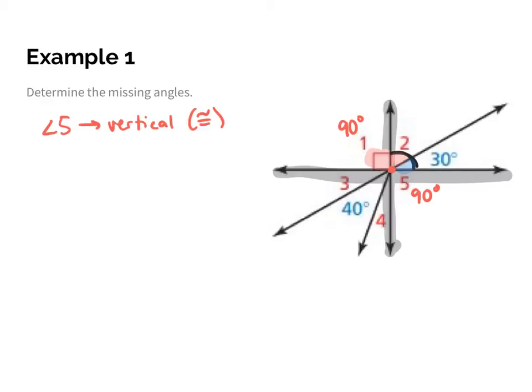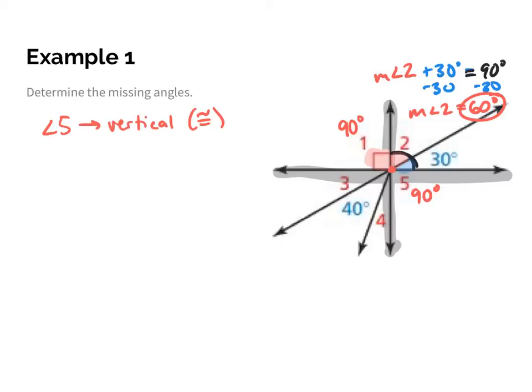So how do I find that? Well, I know that, and I'll write this down algebraically, the measure of angle 2 plus 30 degrees should equal the total of 90 degrees. So I can solve for angle 2 by just subtracting 30 from both sides. And that would tell me that the measure of angle 2 is 60 degrees. So I've now found the measure of angle 2. And again, that's looking at that as a linear pair.